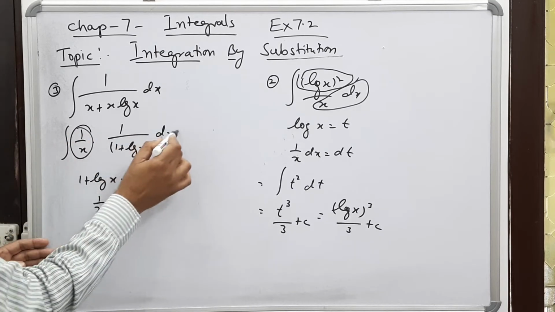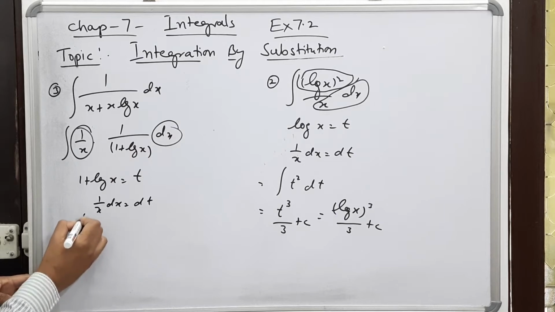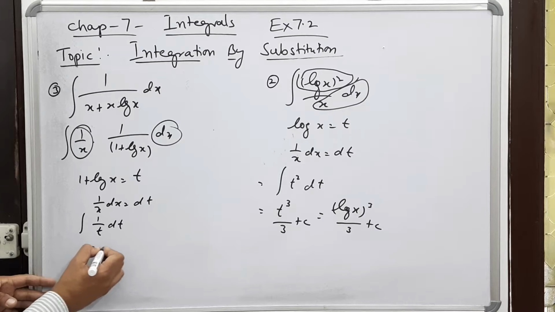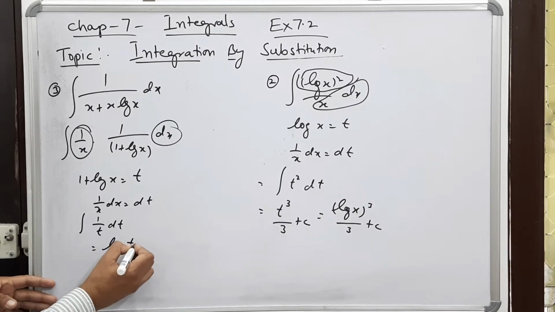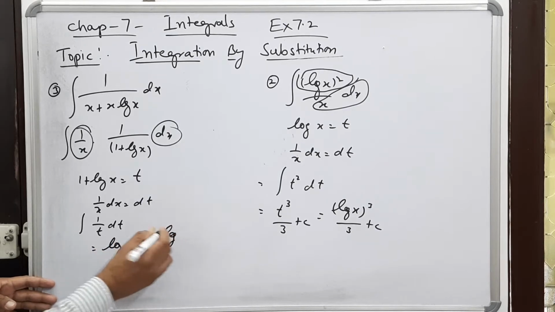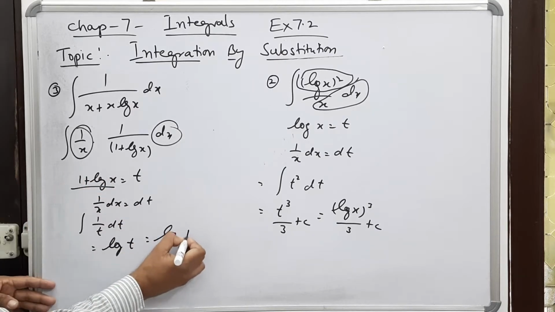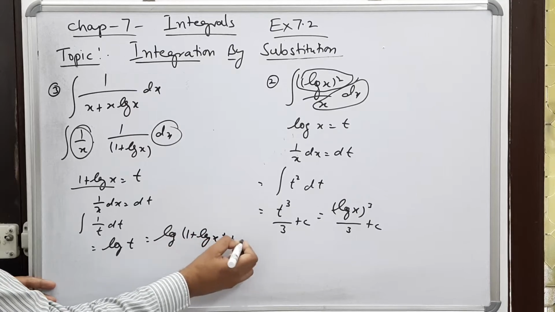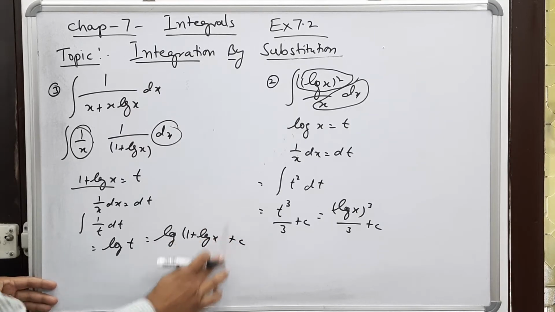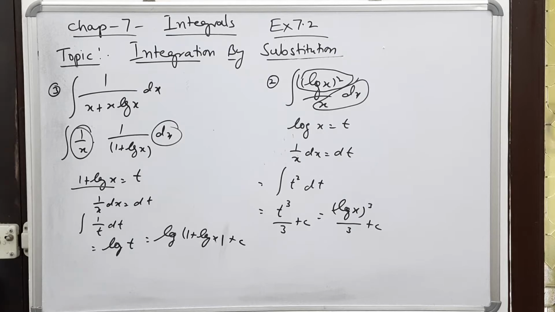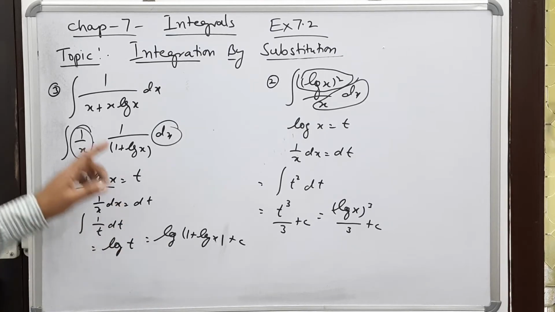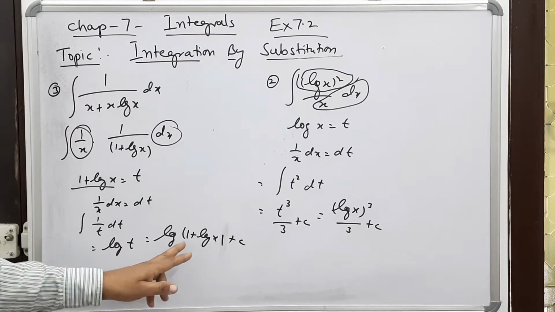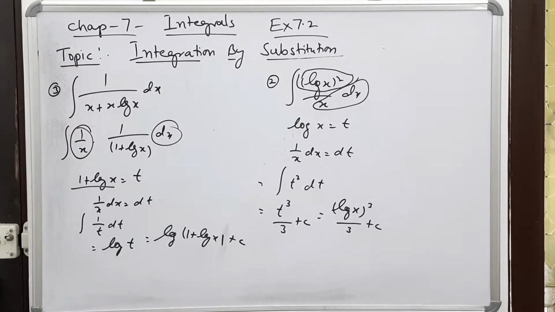You see this is there and dx is there. So finally it will be 1 upon t dt. And you all know that the integration of 1 upon t is log t. So it is log, and what is the value of t again? 1 plus log x plus c. Whenever we write log, it is better to write the absolute sign. So the integration of 1 upon x plus x log x is log |1 plus log x|.